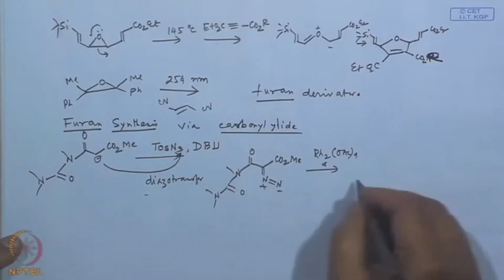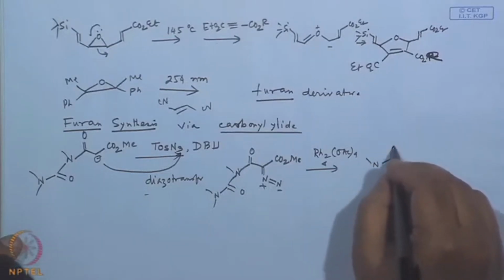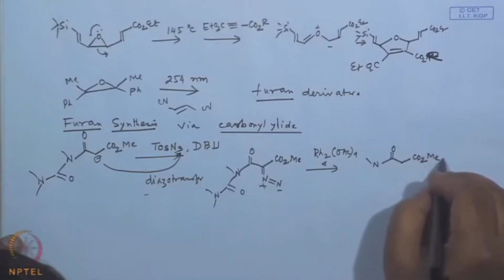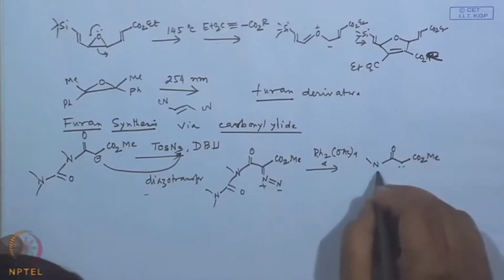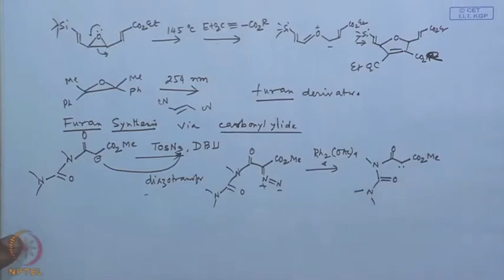So, if you heat it, obviously, by now we know that it forms a carbene. So, it is a carbene here, then double bond, and you have a nitrogen up here. So, what next?